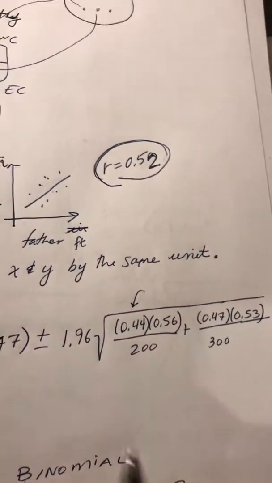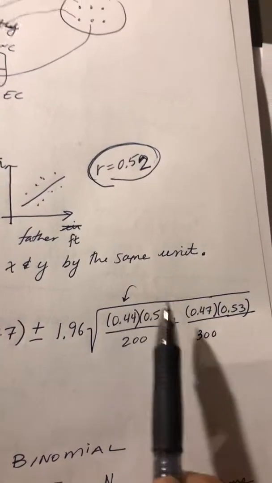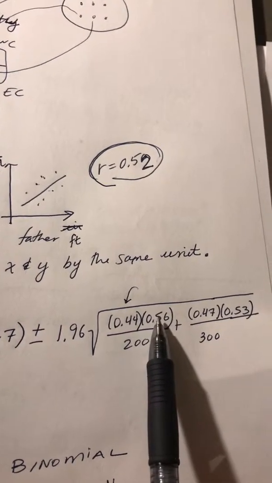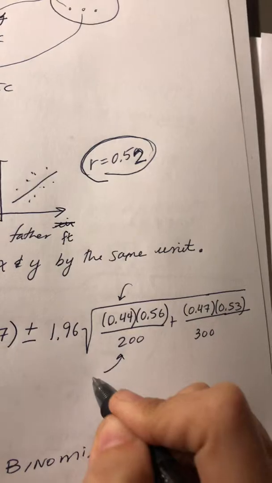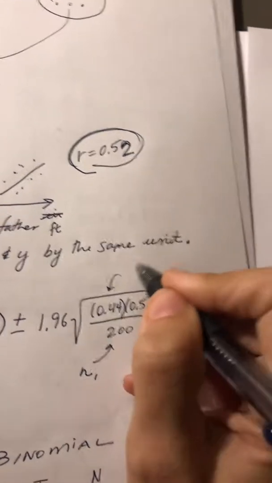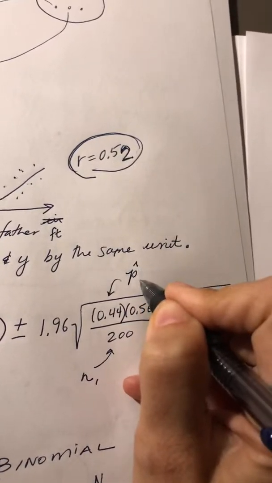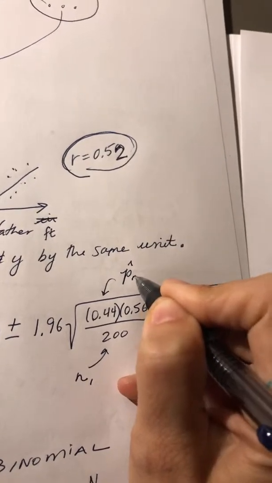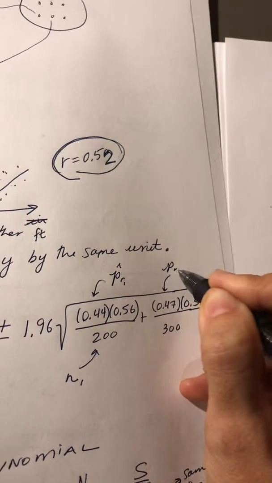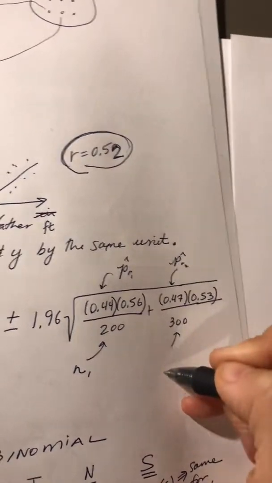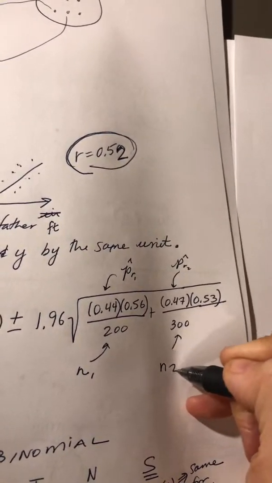So here's our proportion of Republican in group 1, and that's the complement of that. See how those two numbers would add up to 1? And this is n of our group 1. So this is the proportion of Republican in group 1, and this is the proportion of Republican in group 2, and this is the number of people in group 2.